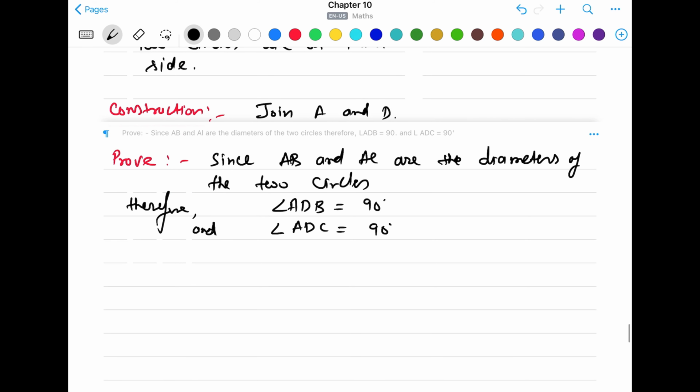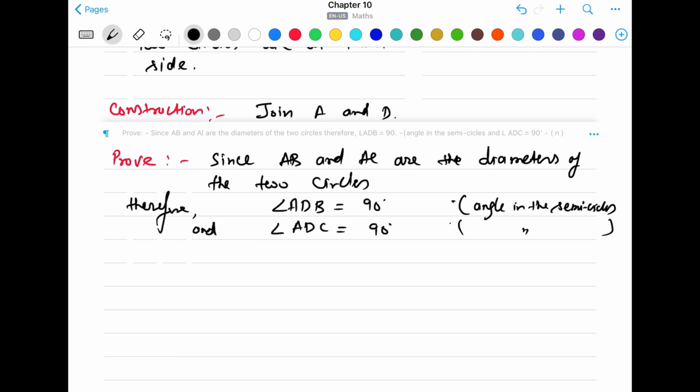So we got ADB and ADC each equal to 90 degrees. Or we can say the angle in a semicircle is always 90 degrees. Keep this in mind.